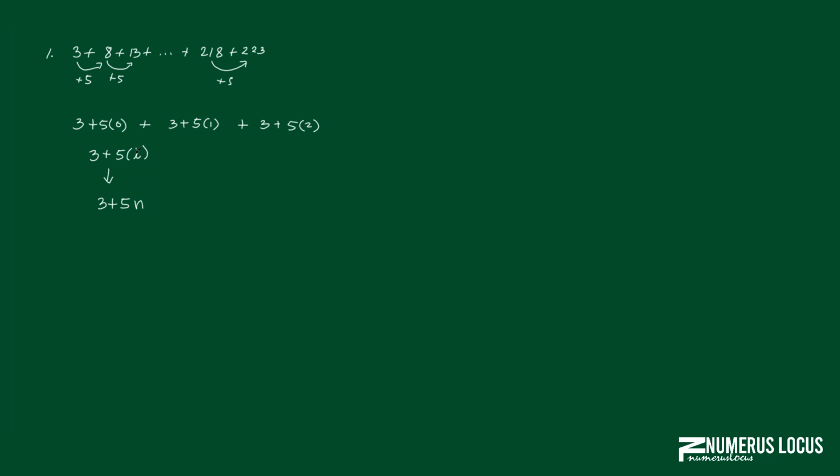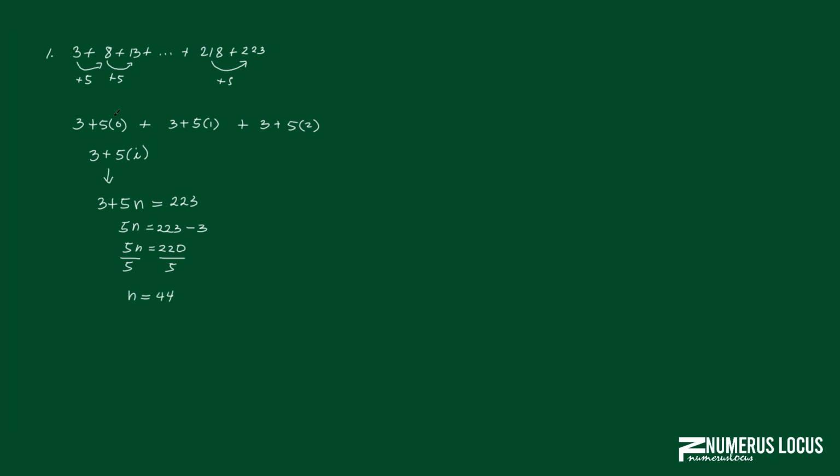So instead of i, we're going to replace it with n, and then we're going to equate this to the last term, which is 223. And then we're going to solve for n. 5n equals 223 minus 3, that is 5n equals 220. We're going to divide both sides by 5. We have n equals 44.